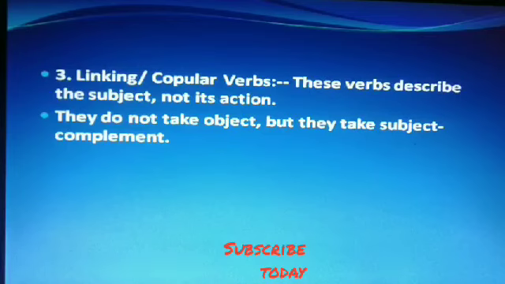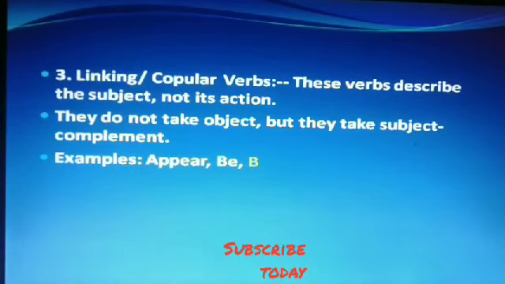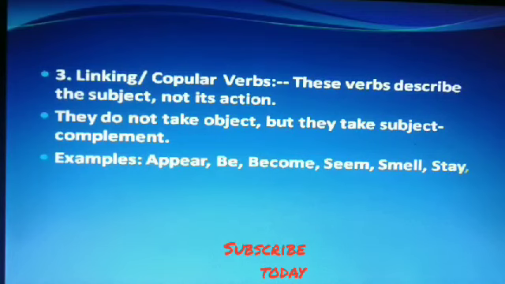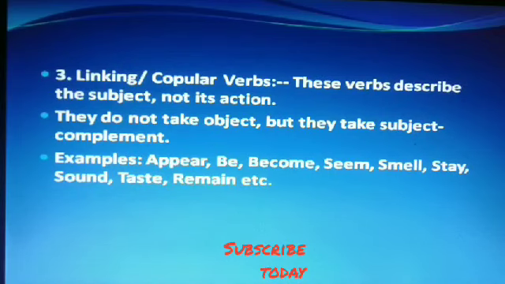Now look at those examples. Many of the linking verbs are stative verbs. Appear, be, become, seem, smell, stay, sound, taste, remain. You must remember these ones simply because they are used very frequently in our daily life, in our text.